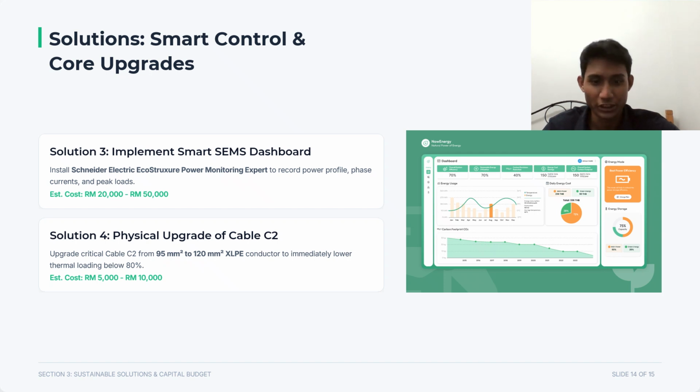The fourth solution focuses on upgrading cable C2. Our analysis showed that cable C2 is operating at 98.6% of its rated capacity. Therefore, we propose upgrading it from a 95 square millimeter XLPE cable to a 120 square millimeter XLPE cable.